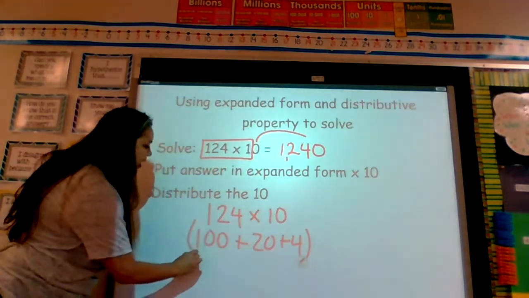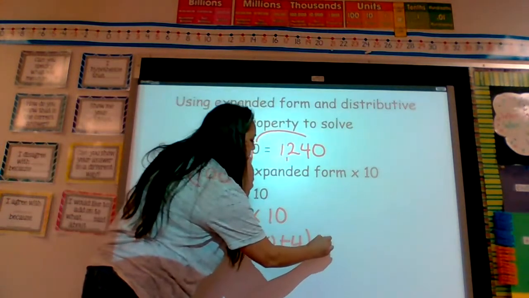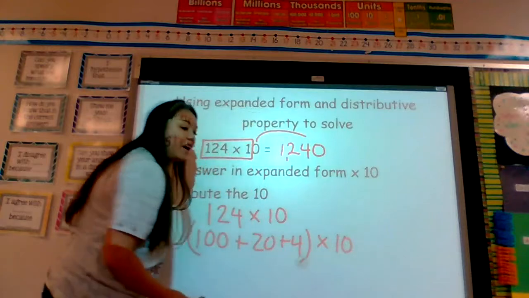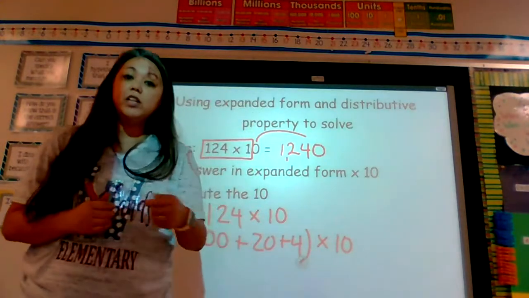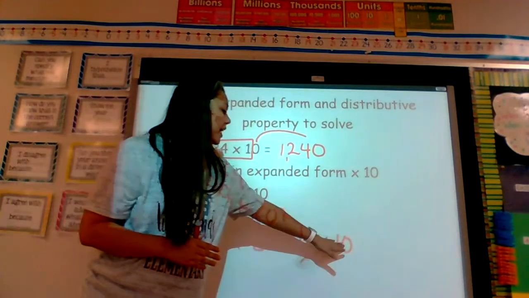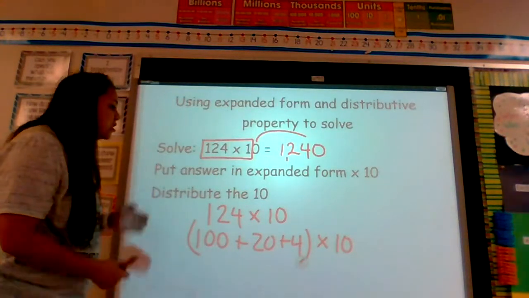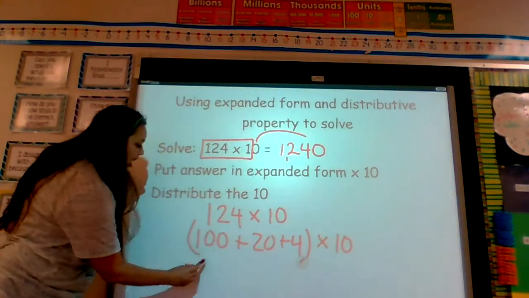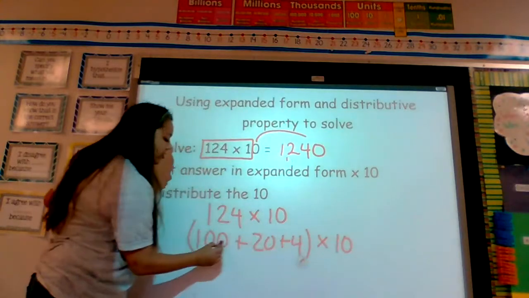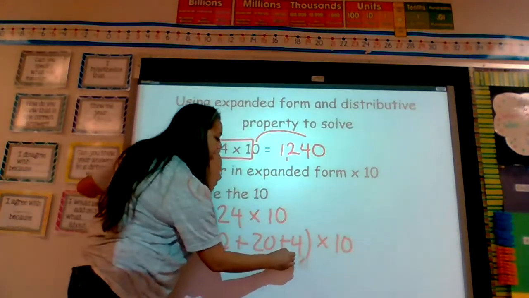And we're going to put that in parentheses, and we're going to multiply that by 10. Now here, just like I distributed the bear paws, the 10 is what we're going to distribute, okay? So when I rewrite this, I'm going to distribute this 10 to each one of these numbers.